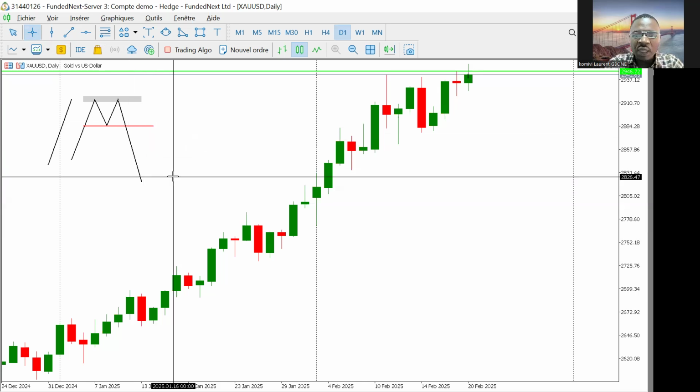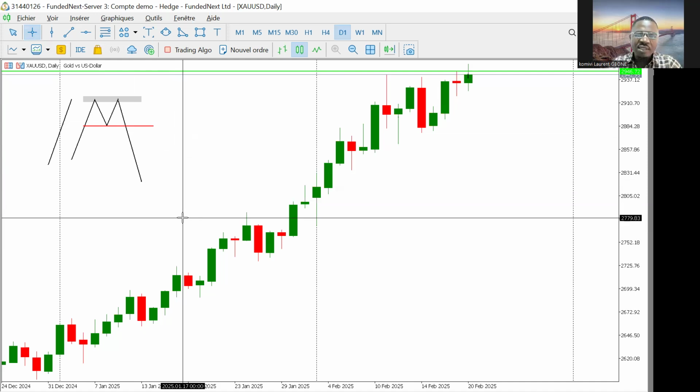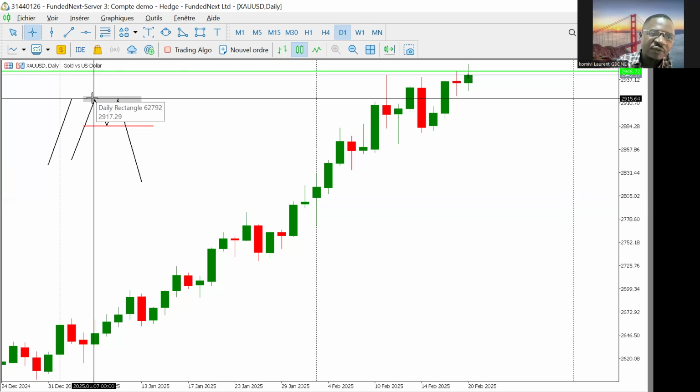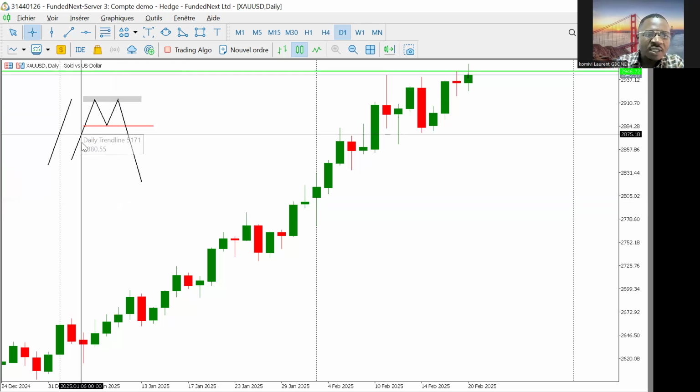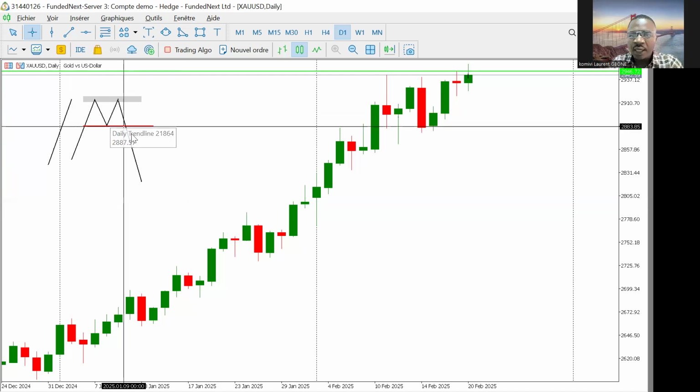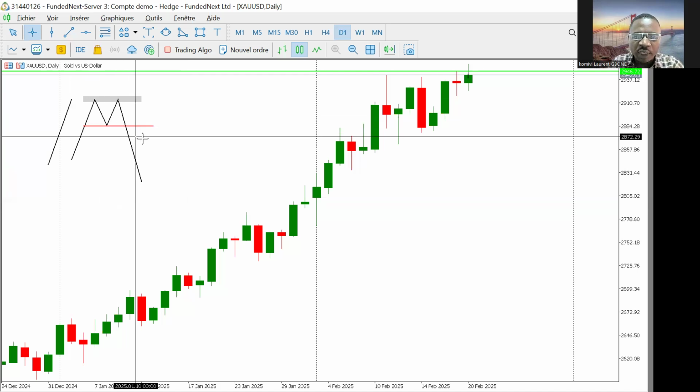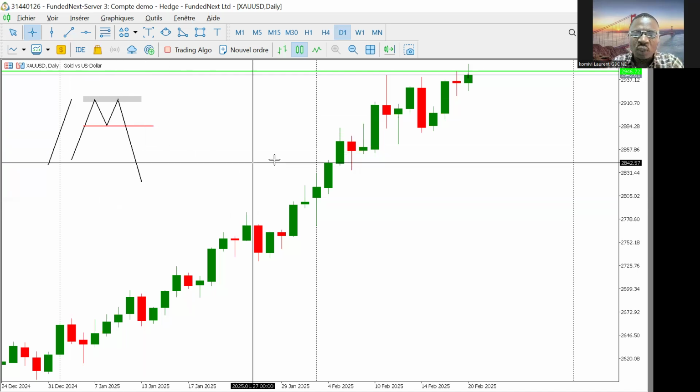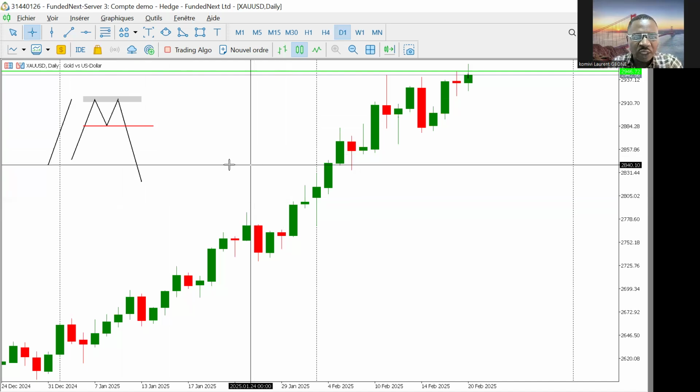So we have a trading strategy to trade this one. This is the plan you must follow. First, identify the two peaks forming an M shape like this. This is the first one, the second one. Second, draw a neckline at the lowest point between the peaks.